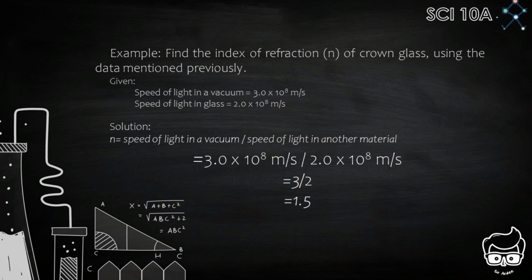To solve for that, we have to use the formula N is equal to the speed of light in a vacuum all over speed of light in another material, which is equal to 3.0 times 10 raised to positive 8 meters per second divided by 2.0 times 10 raised to positive 8 meters per second. That will give us the answer 3 over 2. To simplify it, we will get 1.5.